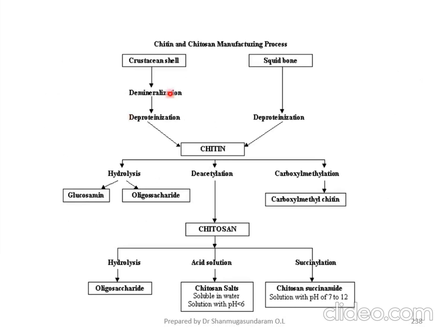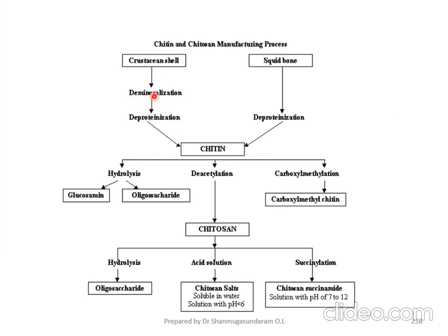Please look at this flow chart: chitin and chitosan manufacturing process. This is the crustacean shell. You have to remove the minerals present in the shell, and then remove the protein present in the shell. That is called the deproteinization process.